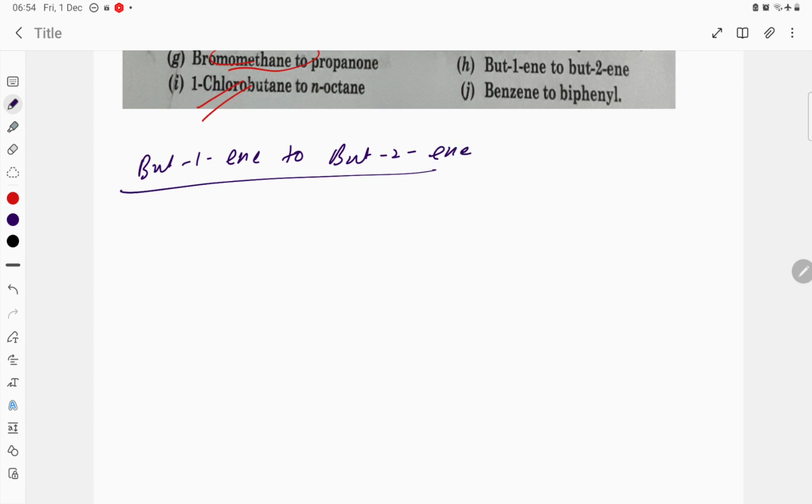How to change the position of the double bond, student?